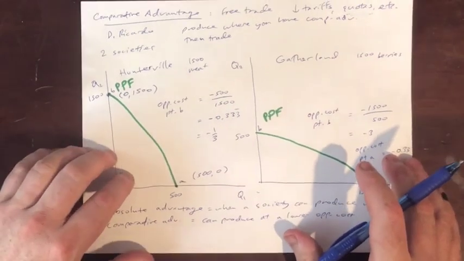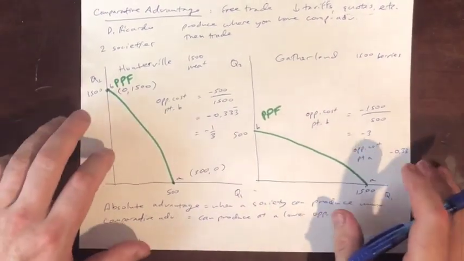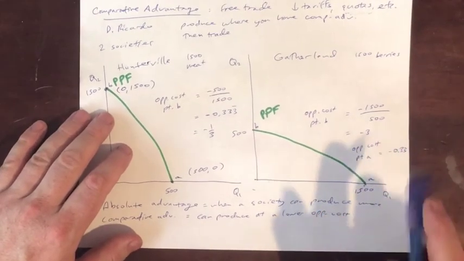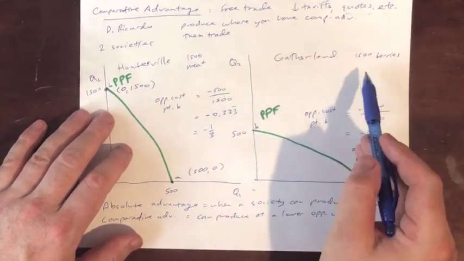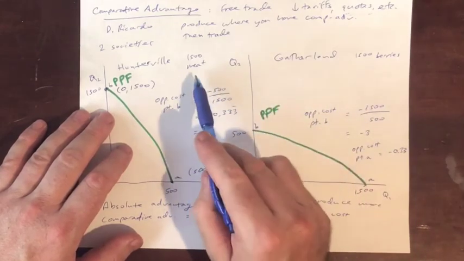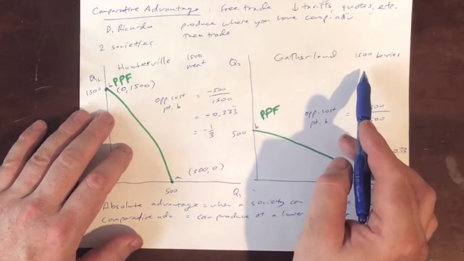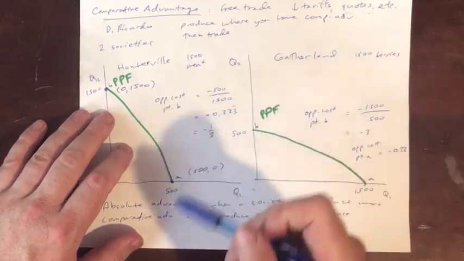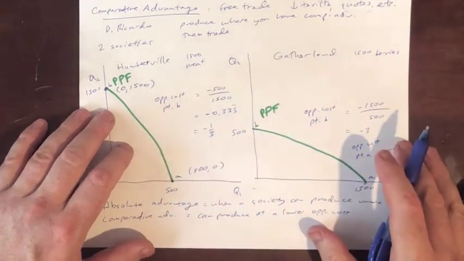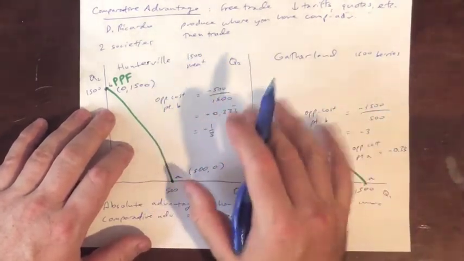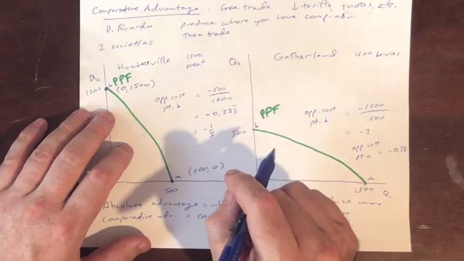Because it tastes better to have both. Each side should produce the thing that they're best at, and then they should trade. Imagine that they trade at 1-to-1. We would have to know more to know what the price of these things is relative to each other, but let's just imagine that they trade 1 pound for 1 pound.